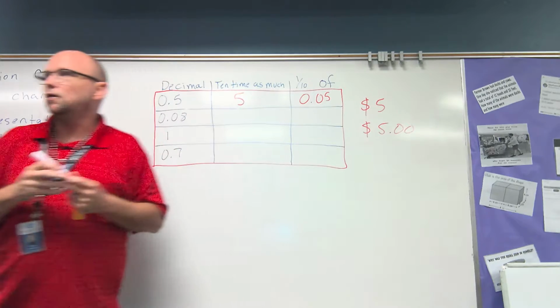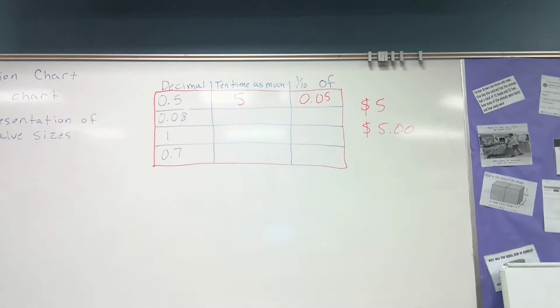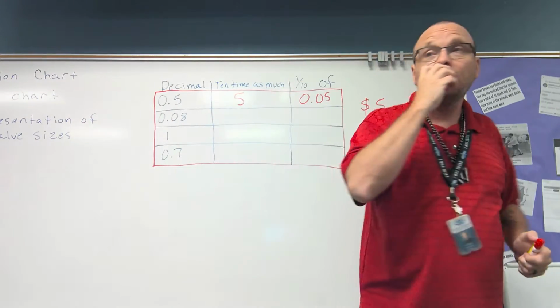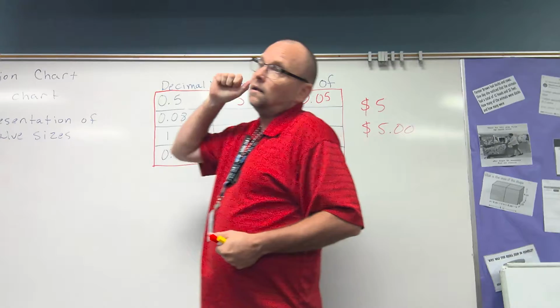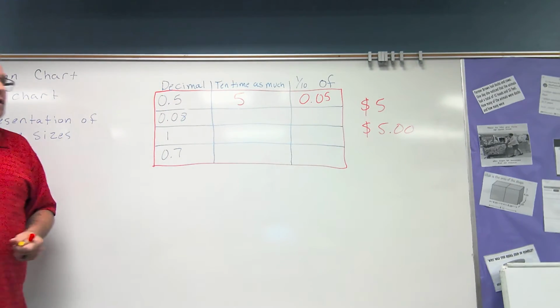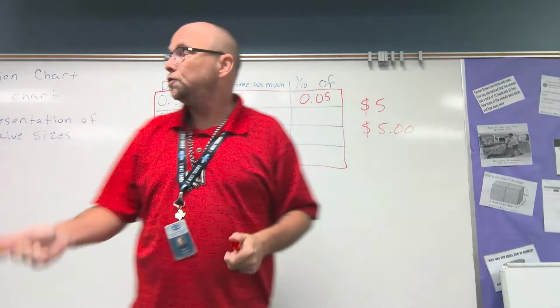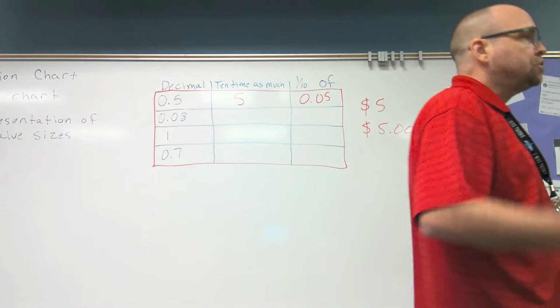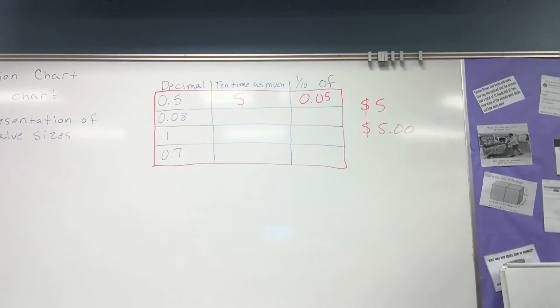A cool thing to know is if you're multiplying by powers of 10, by 10, 100, 1,000, or dividing by powers of 10, you're moving the decimal point. You're not changing any of the numbers. We're just moving the decimal point.